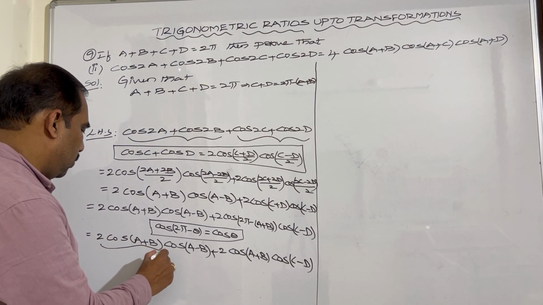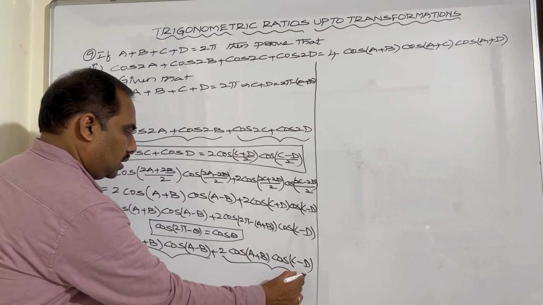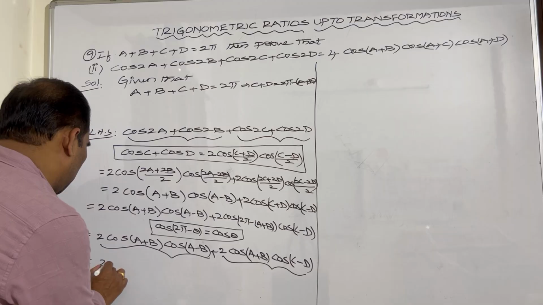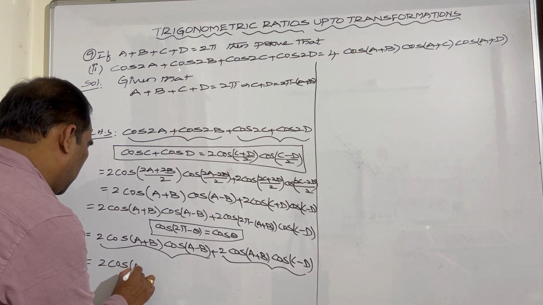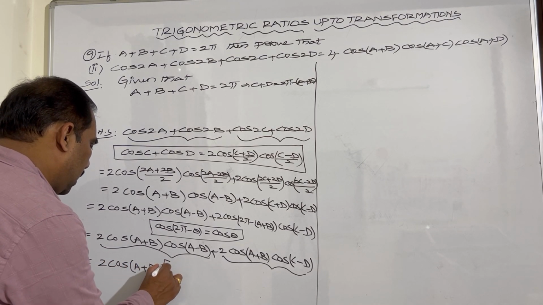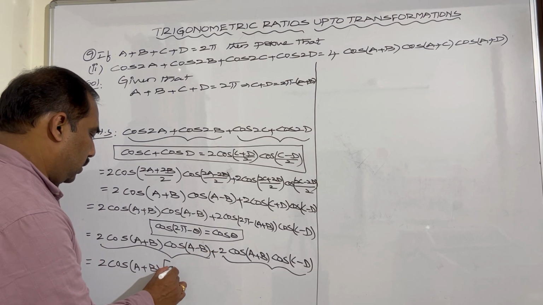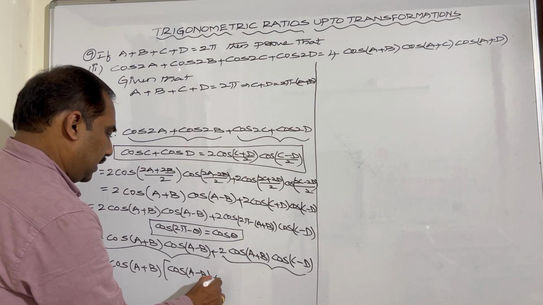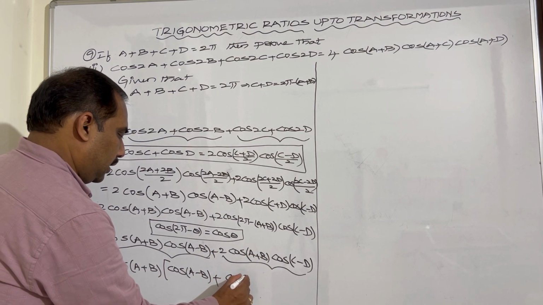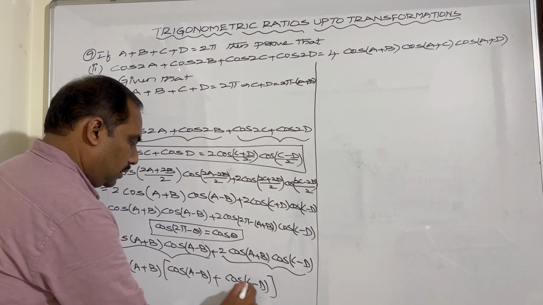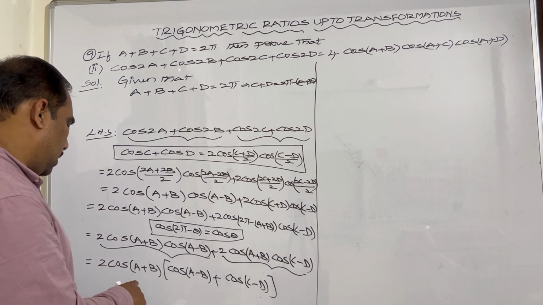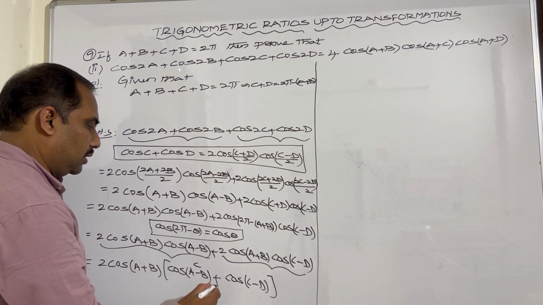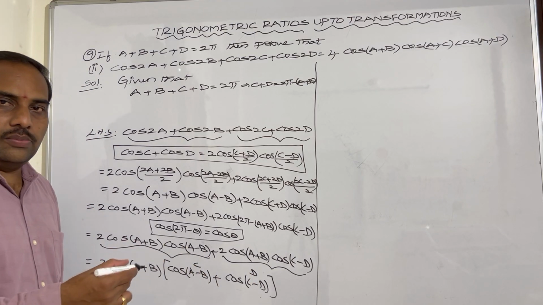If you observe, in both the terms we have 2 into cos of a plus b common. Taking 2 into cos of a plus b common, what is left over is cos of a minus b plus cos of c minus d. Again this is like cos C plus cos D only, where C is a minus b and D is c minus d.